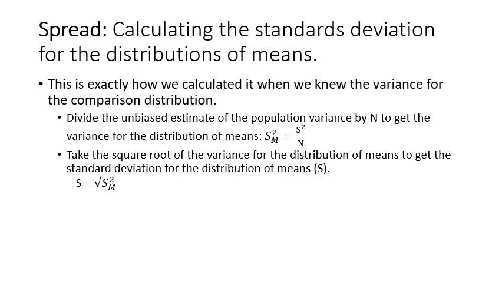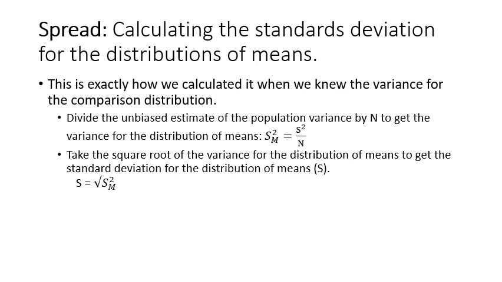So calculating the standard deviation for the distribution of means, we do the same way then. Once we have that variance, we can take the square root and get the standard deviation.